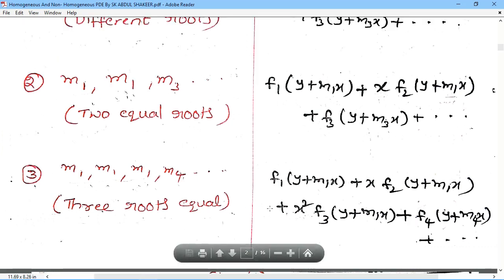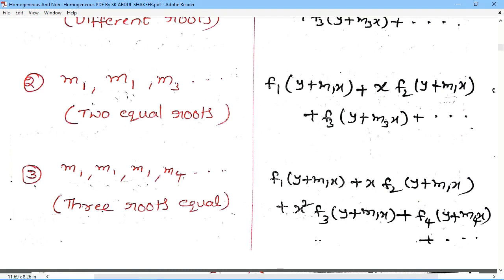If four roots are equal, then we write the complementary function as f1(y + m1x) + x f2(y + m1x) + x² f3(y + m1x) + x³ f4(y + m1x) + f5(y + m5x) and so on. We continue this process whenever roots are equal.